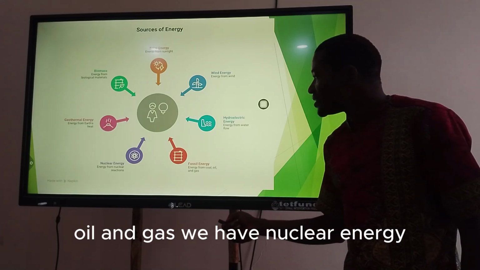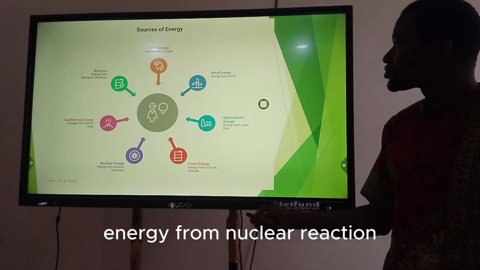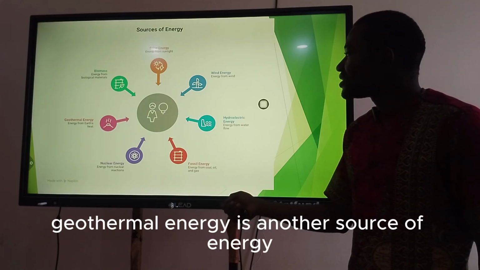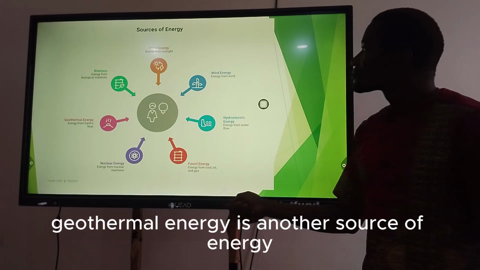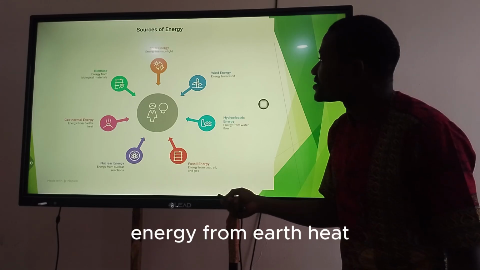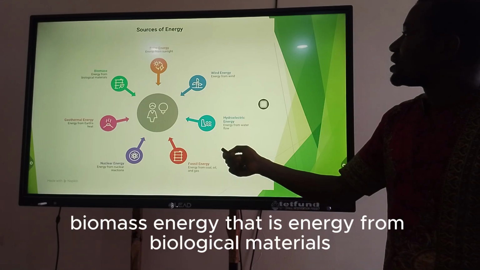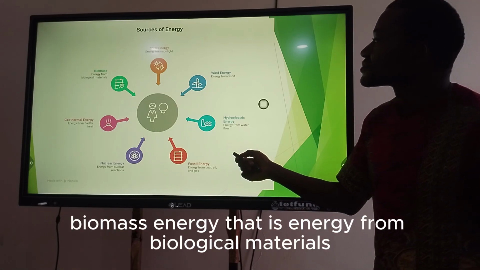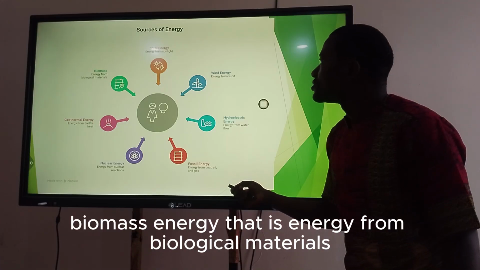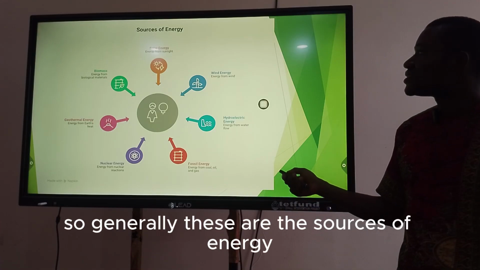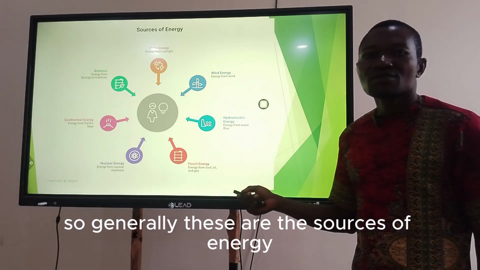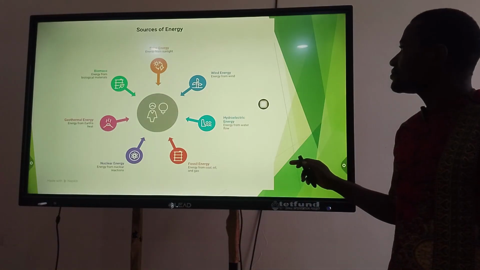We have nuclear energy, energy from nuclear reaction. Geothermal energy is another source of energy, energy from earth heat, biomass energy, that is energy from biological materials. So generally, these are the sources of energy.